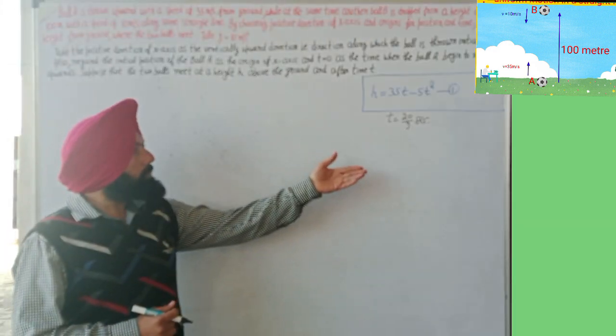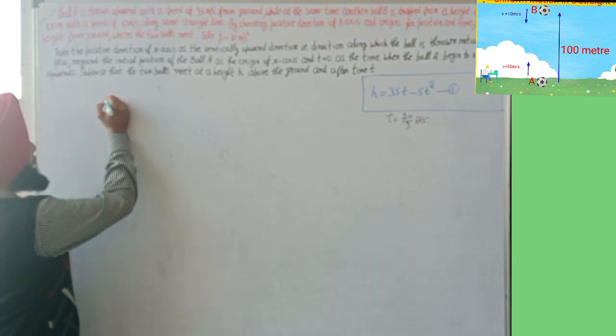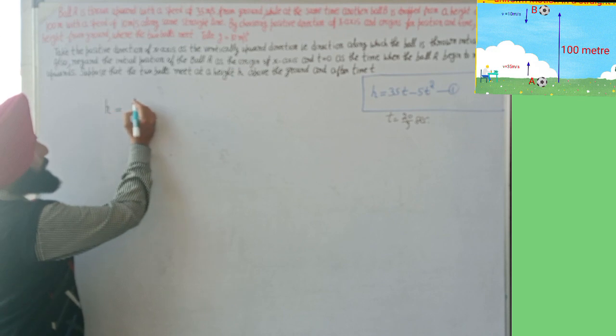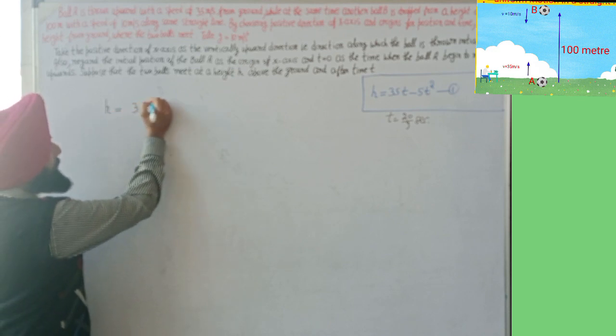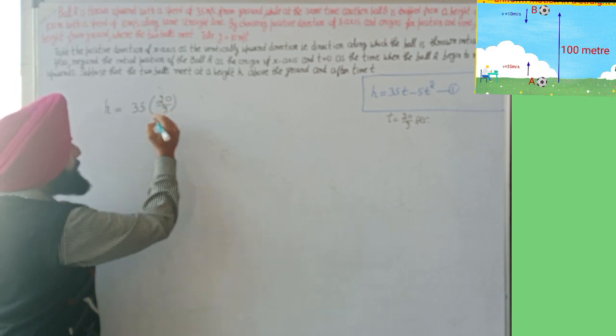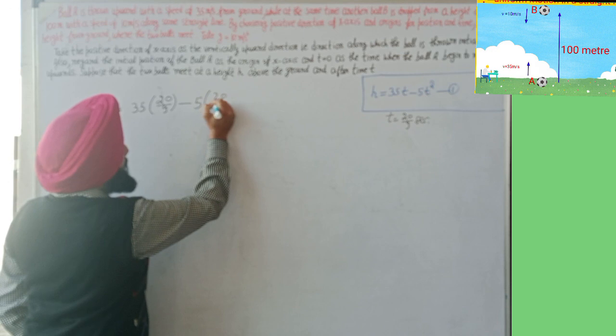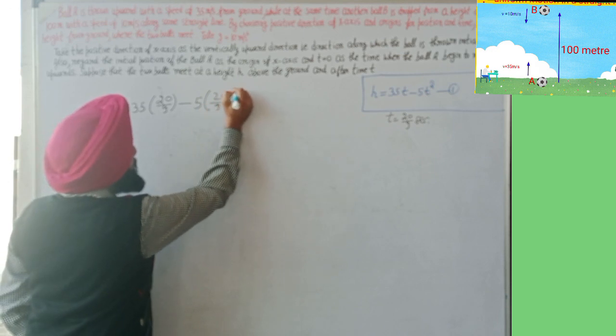Now students, put the value of t in equation number 1, that is h equal to 35, t is 20 over 9, minus 5, 20 over 9 square.